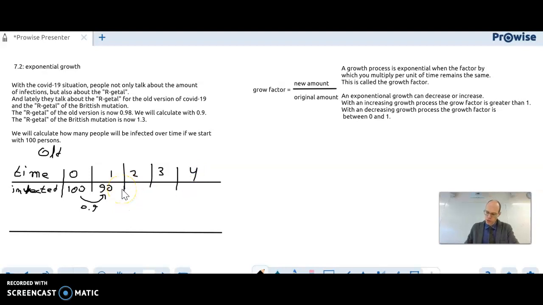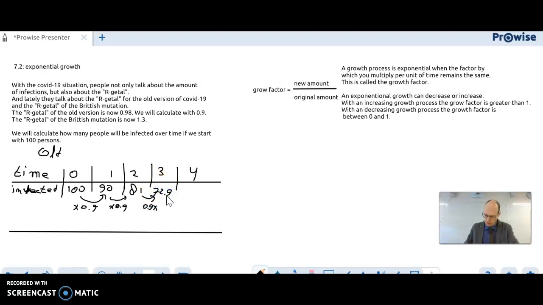With 2, we need to multiply by 0.9 as well. 0.9 multiplied by 90 is 81. And we multiply by 0.9 again, then we have 72.9.